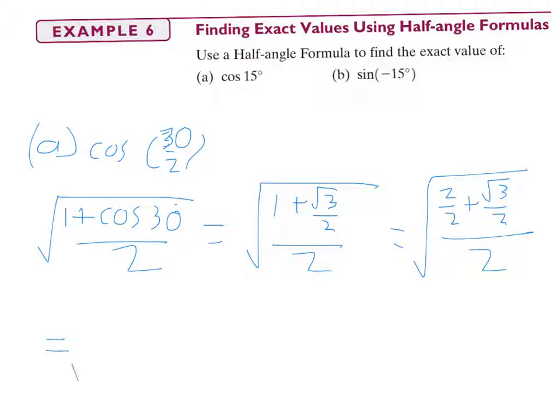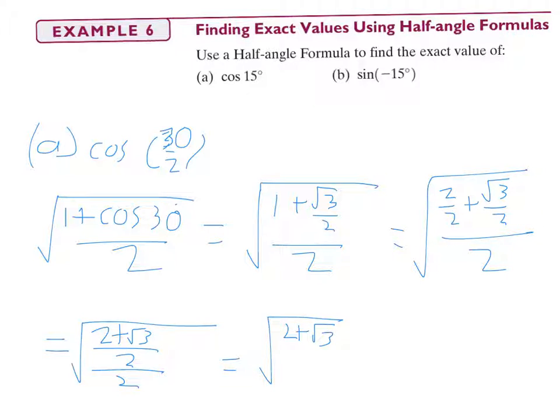So that can be rewritten as 2 plus square root of 3 all over 2. Combine the numerator into one fraction, divide by 2. So that can be rewritten as square root of 2 plus square root of 3, and then we divide the denominator by 2, so it'd be over 4.